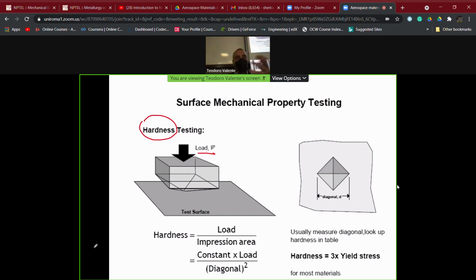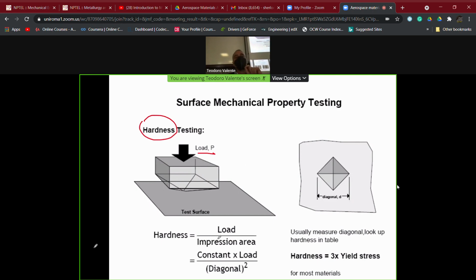But more or less, with different formulas, the concept is quite clear, because hardness is defined as the ratio between the applied load and the impression area, that is the plastic deformation which can be measured and evidenced.